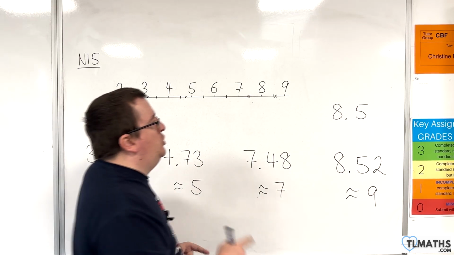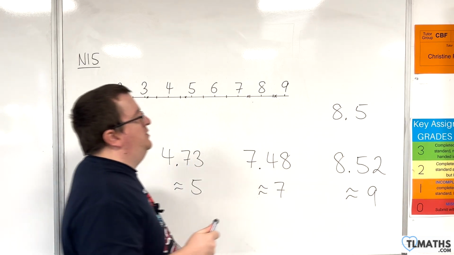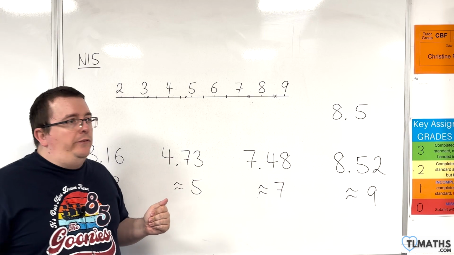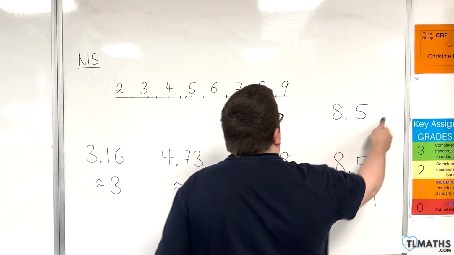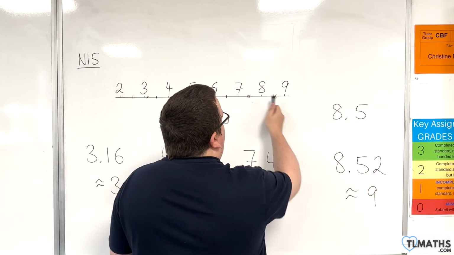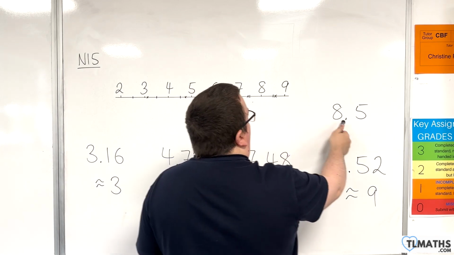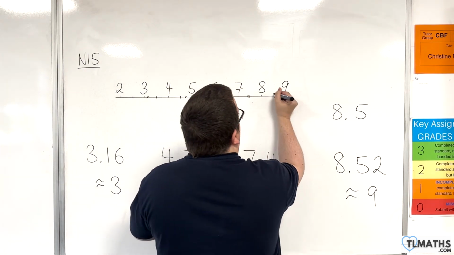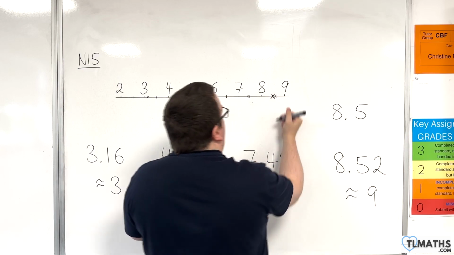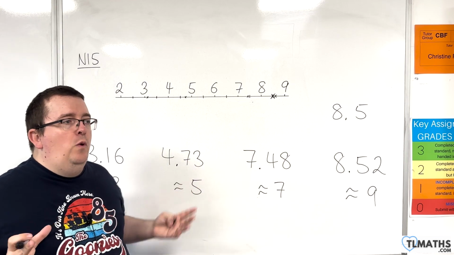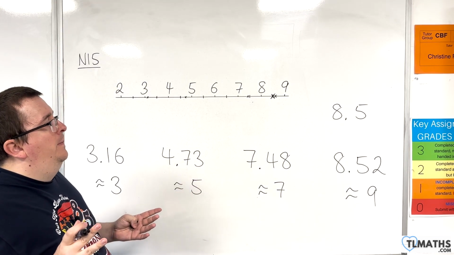But if it's actually on that point, then surely that's ambiguous. Which whole number is that closest to? Is it 8 or is it 9? Well, they're both 0.5 either side, aren't they? So the point is here, it's bang in the middle.